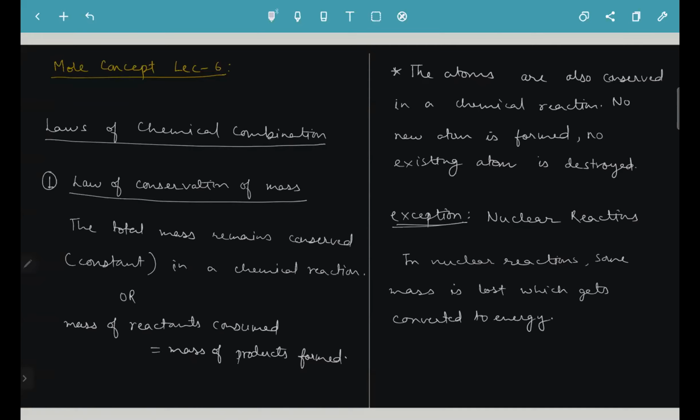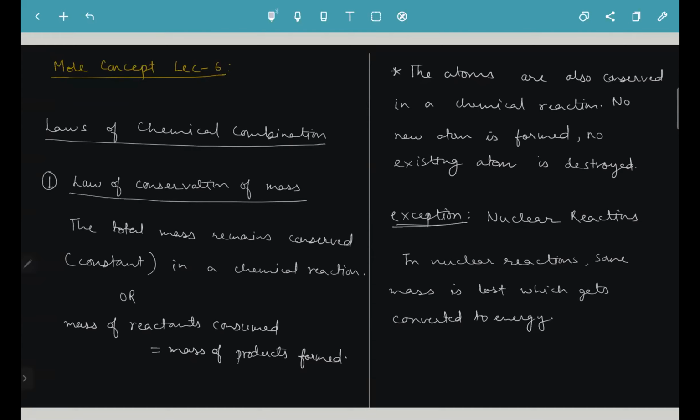Both nuclear fission as well as fusion reactions are exceptions. Any kind of radioactive decay is also a nuclear reaction. In a nuclear reaction, atoms lose their identity.